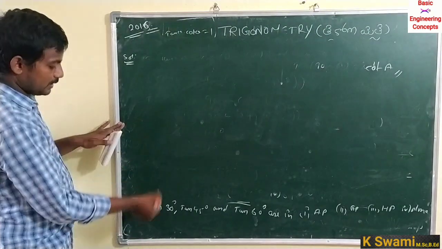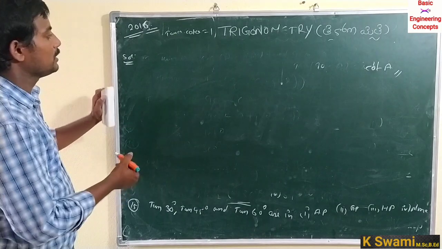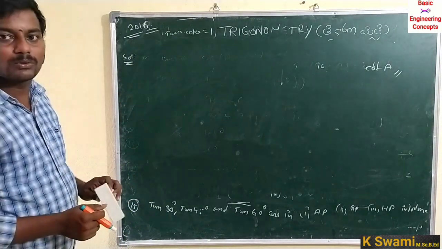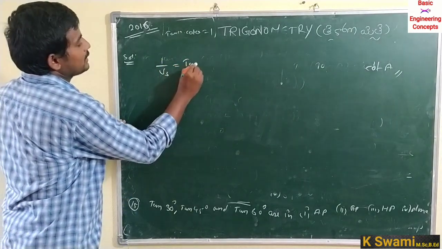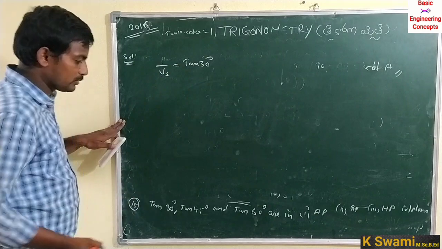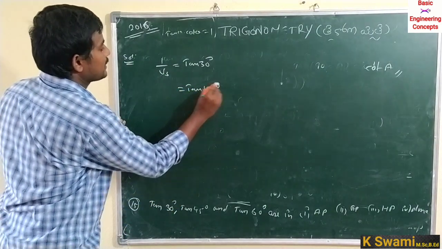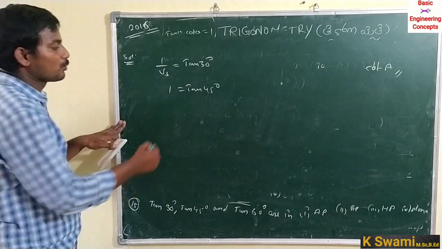So now tan 30 degrees is equal to sin 30 by cos 30, 1/2 by root 3/2, which means 1/√3. Tan 45 degrees is equal to 1, and tan 60 degrees is equal to √3.